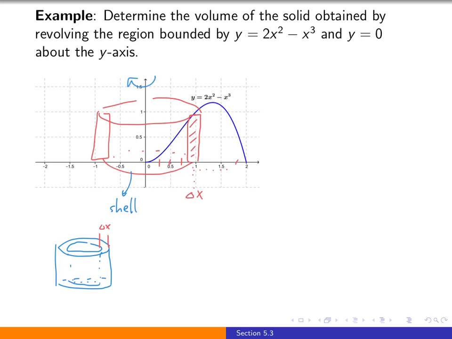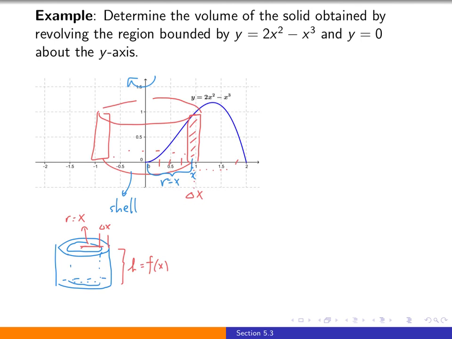We have the height of this, which is coming from our function f of x, and then we have, in a sense, the radius of this cylinder. So we're thinking the radius is coming from how far we were from the axes that we're rotating about. So the radius would be given by this distance as long as we're thinking about corresponding to x.